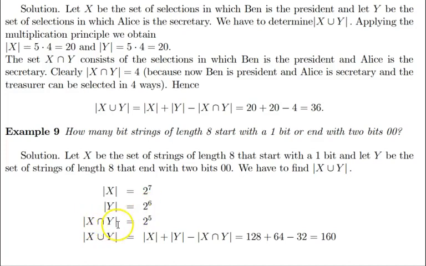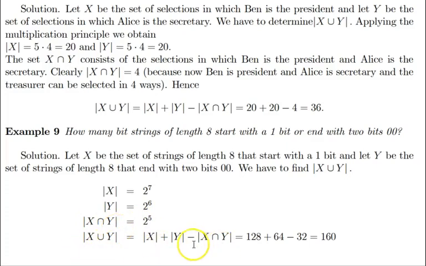The cardinality of the intersection. In the intersection we have 8-bit strings that start with 1 and end with 0, 0. So there are 5 positions to be filled, each with two choices, so 2 to the 5th strings in this set.